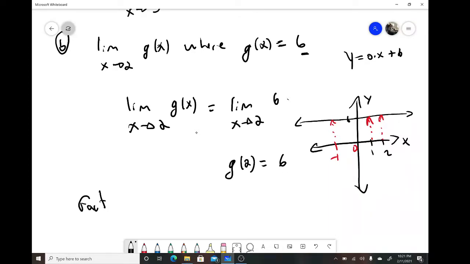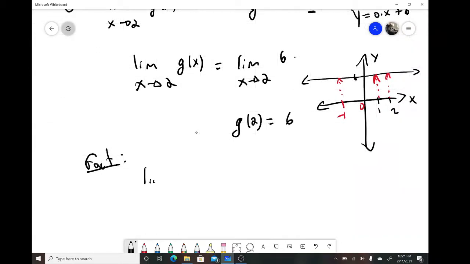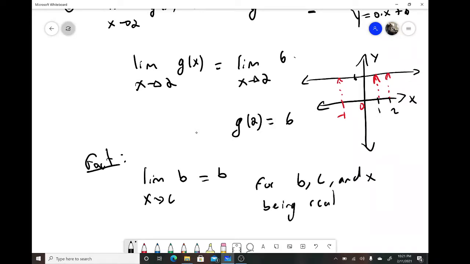Fact: the limit as x goes to c of some number, let's call it b, is going to be equal to b, for b, c, and x being real numbers.